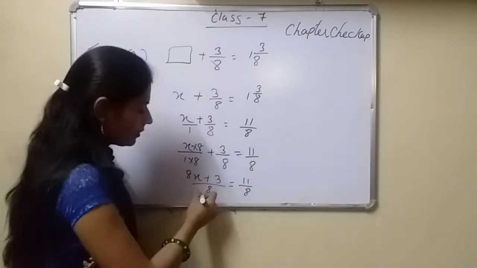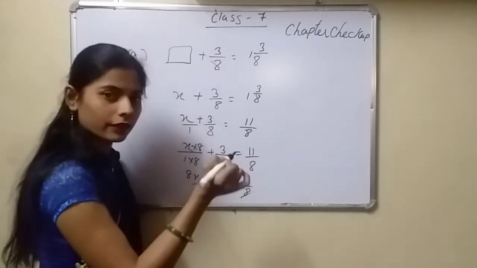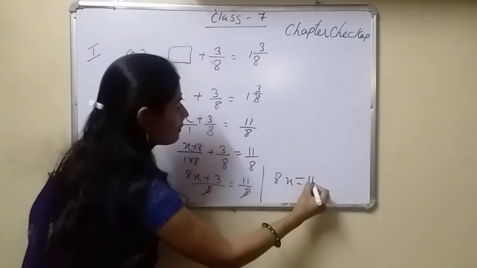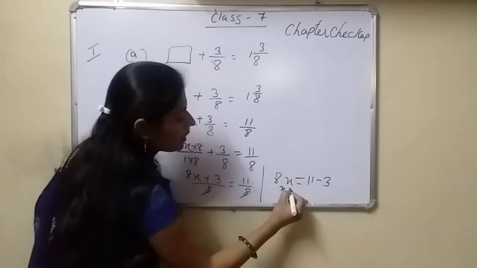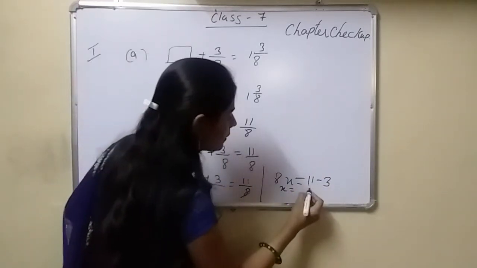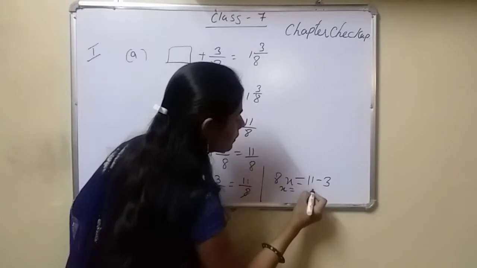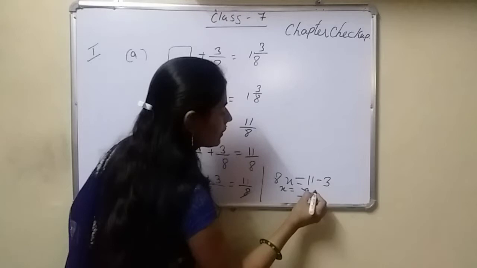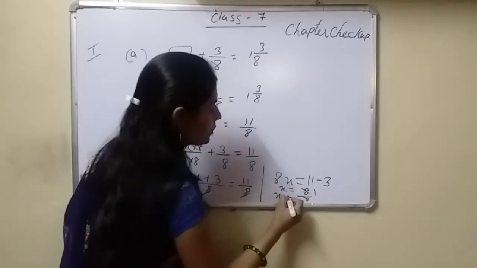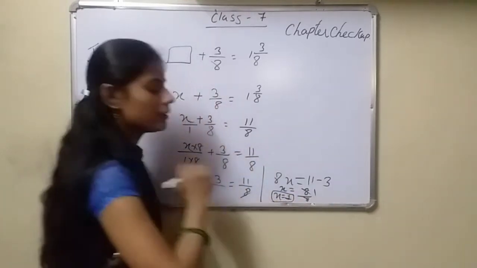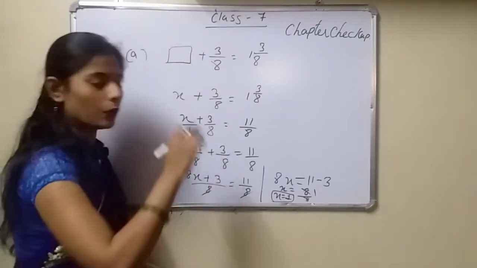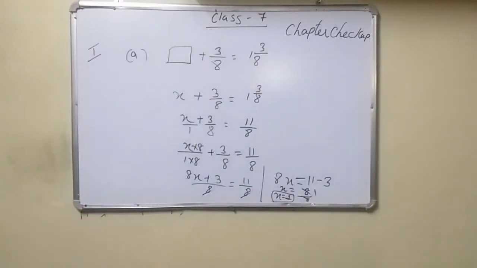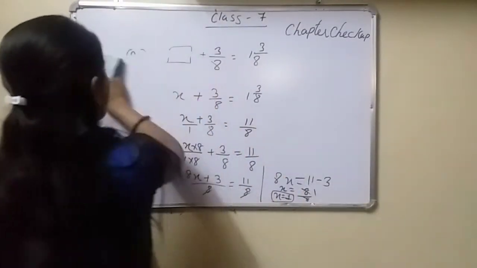When the denominators are the same, you can directly cancel them. Now 8x is equal to 11 minus 3, so x is equal to 11 minus 3 by 8, which is 8 by 8, divided, 1. x is equal to 1. Okay, this is your answer. So this is your A.